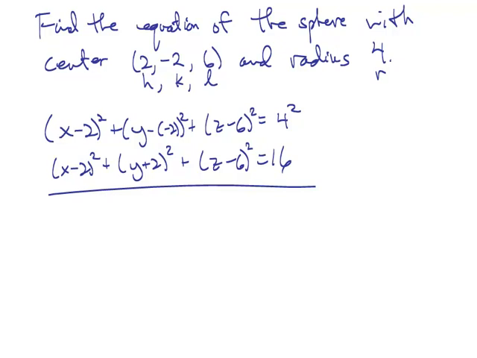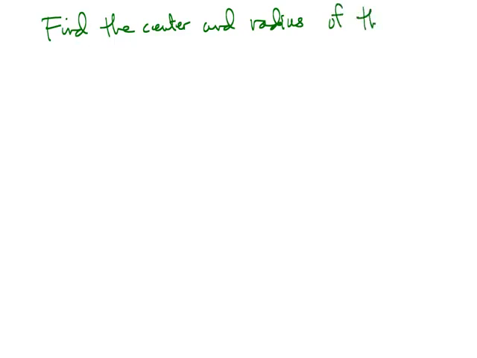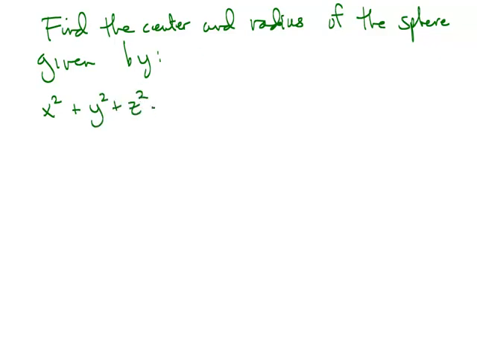Now, things aren't always going to be presented quite so nicely. For example, suppose I want you to find the center and the radius of the sphere given by the following equation: x squared plus y squared plus z squared minus 2x plus 8y plus 10z plus 5 is equal to 0.